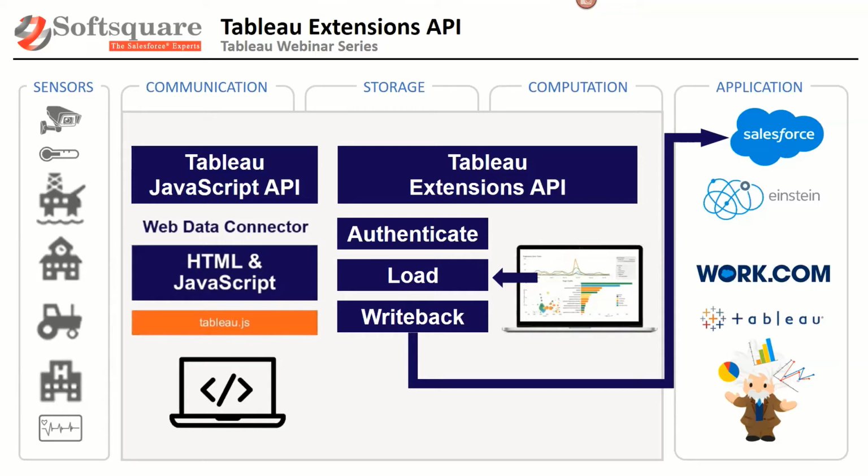The next one is fairly complex, which is the Tableau Extensions API. Now this works from within Tableau, and it can take data, manipulate the data, and communicate back and forth between the Tableau visualization and the JavaScript code, and it can also write back to Salesforce.